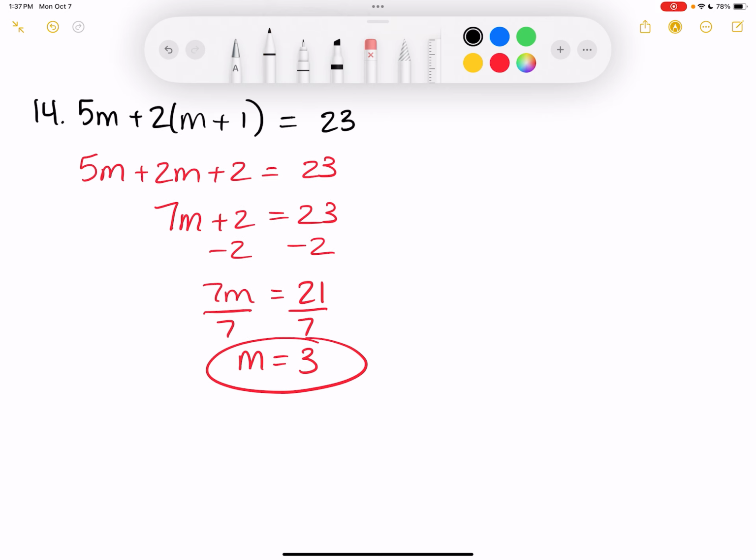Let's see, one more distributive one. Number 16: 27 equals 3c minus 3 times 6 minus 2c.